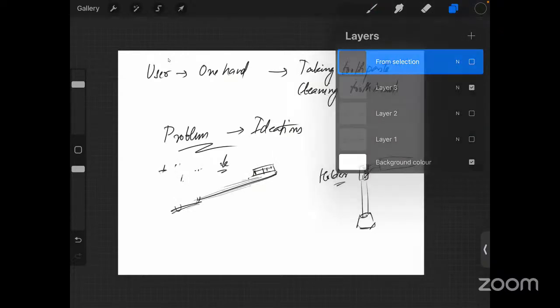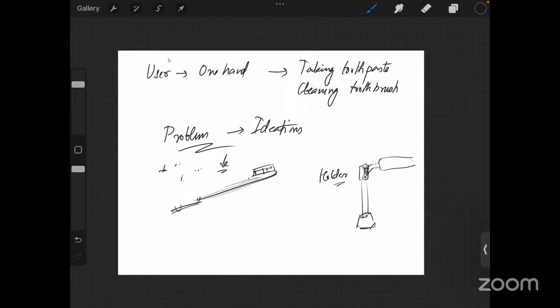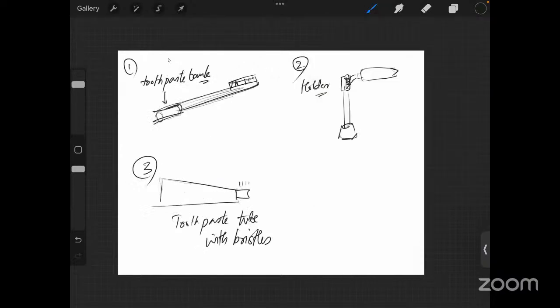Now, cleaning the toothbrush is another problem. Let's evaluate our three ideas for the second problem as well.